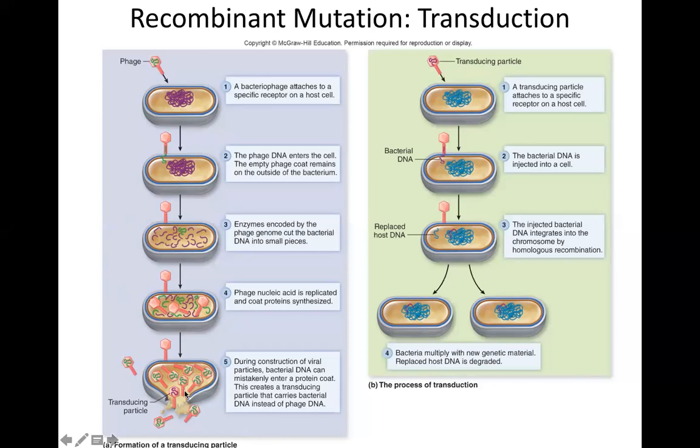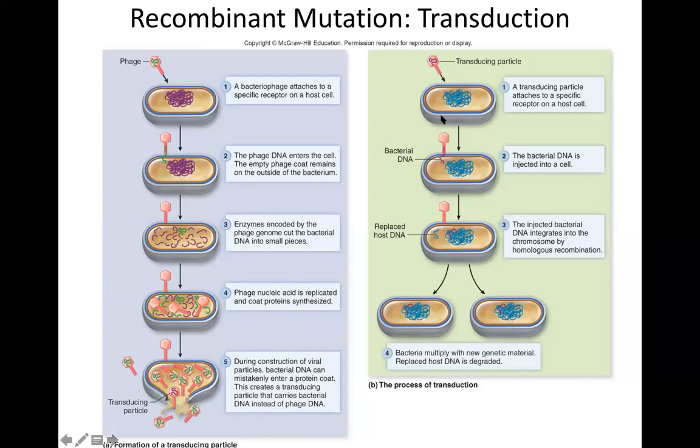The problem here, I guess if you want to call it a problem, is that sometimes the virus makes a mistake. It accidentally packs, you can see here in the purple, a segment of bacterial DNA. We call this a transducing particle because it now has bacterial DNA. So that transducing particle basically is a virus on the outside and a little bit of bacteria on the inside.